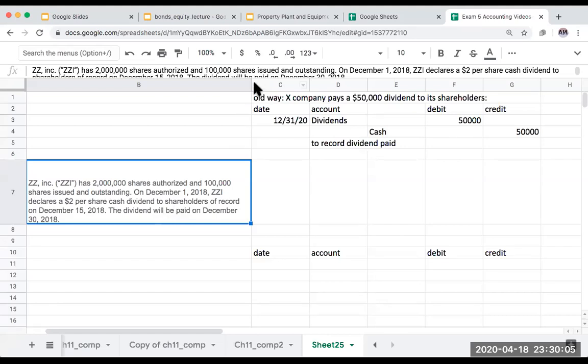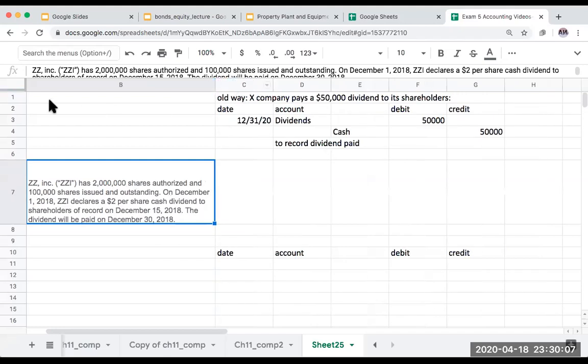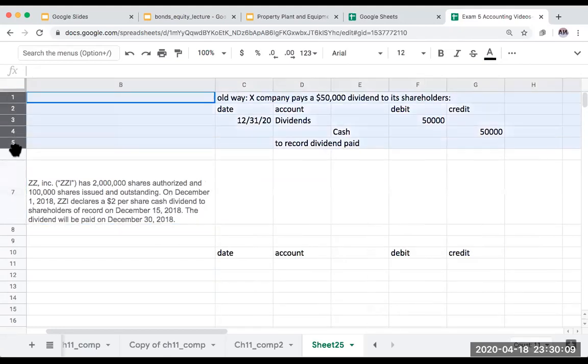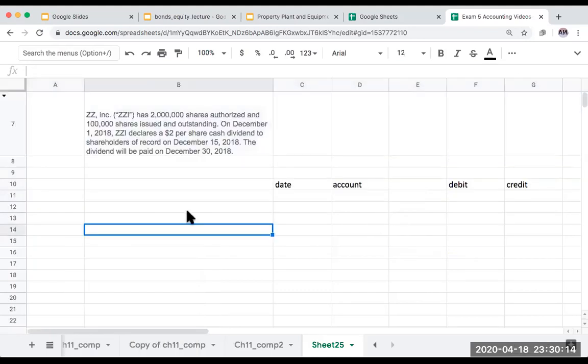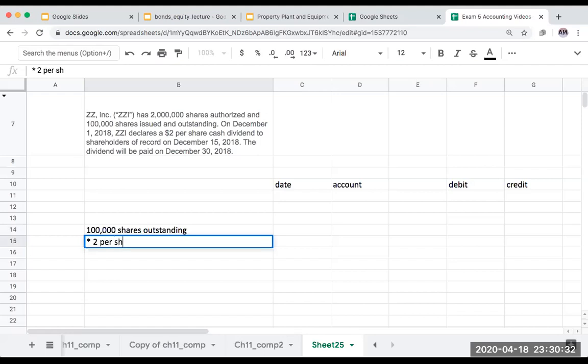So when it comes to paying dividends, the way I determine the amount of the dividend is I take the outstanding shares, which here we're told is 100,000 shares issued and outstanding. So I'm going to have 100,000 shares outstanding, and we're paying a $2 per share cash dividend.